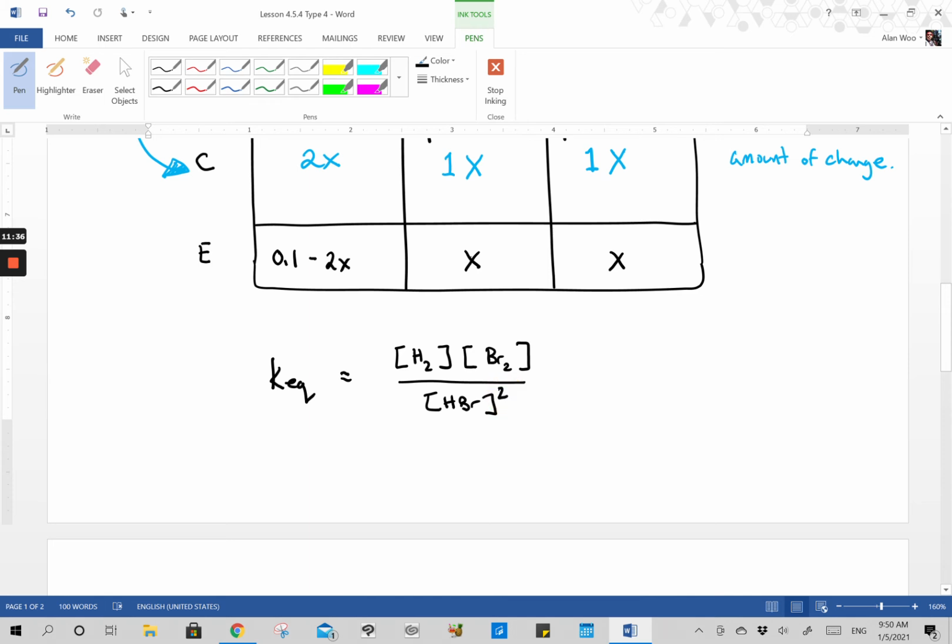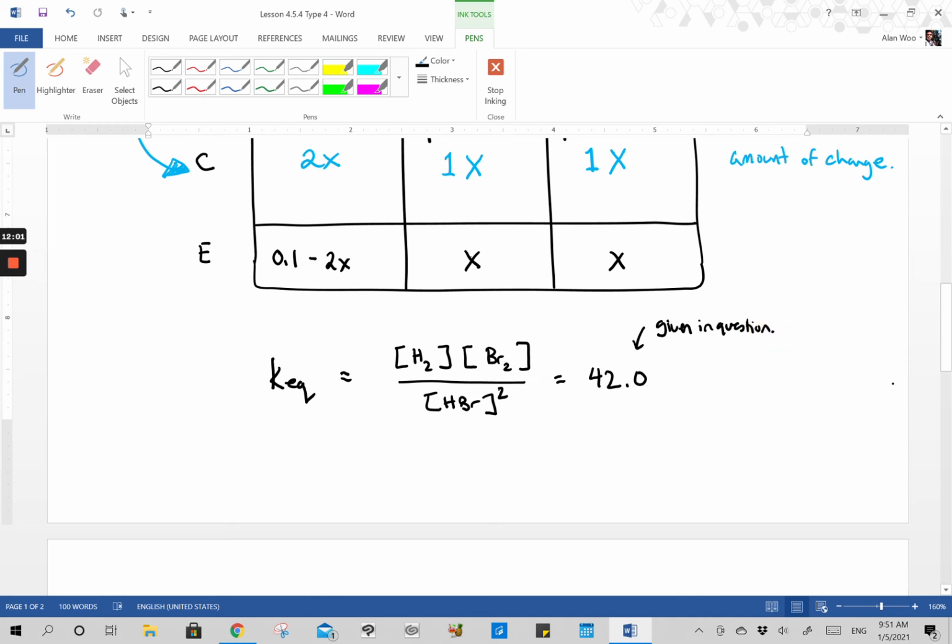All of that equals 42, technically 42.0, which was given. So this is a given value from the question.